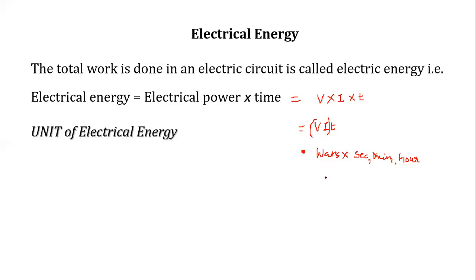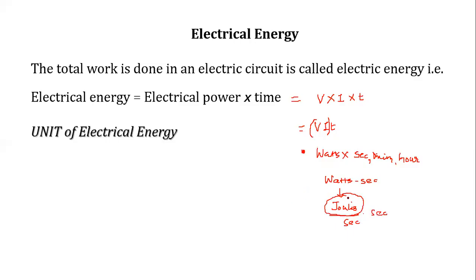So in short, it is watts, second, minute, or hour, right? And another unit for watt, we just saw, is joules per second. And this is second. So your energy will be in joules.